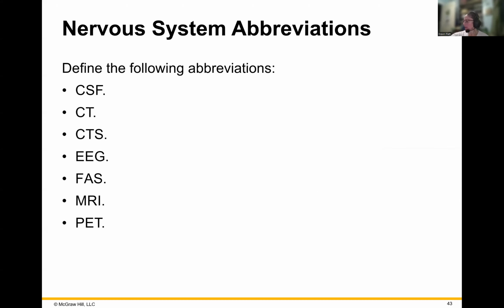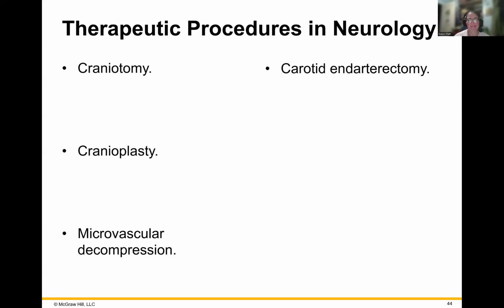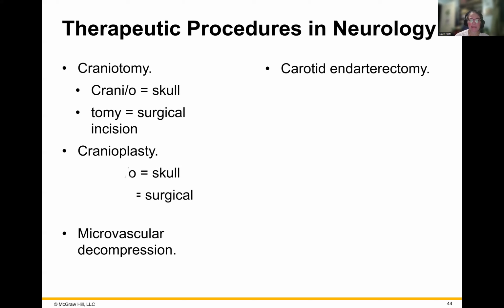All right, now we get into nervous system abbreviations. We've already talked about CSF, cerebrospinal fluid, CT, CTS, EEG, FAS, MRI, and then PET. Like I stated, that table is in the very back of the textbook. Craniotomy, cranioplasty.